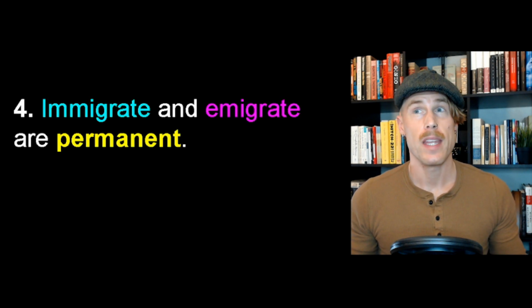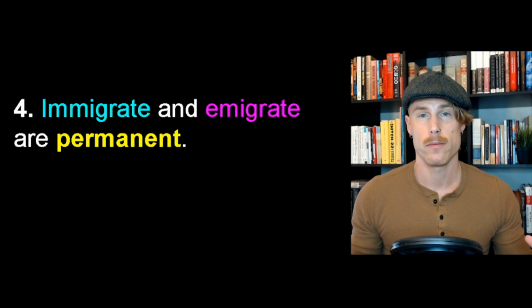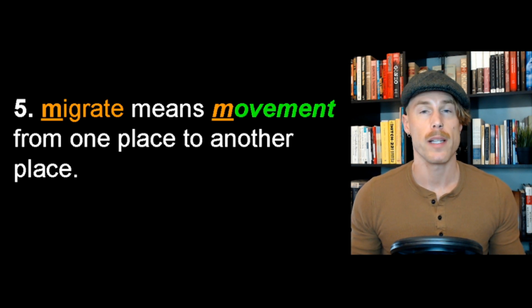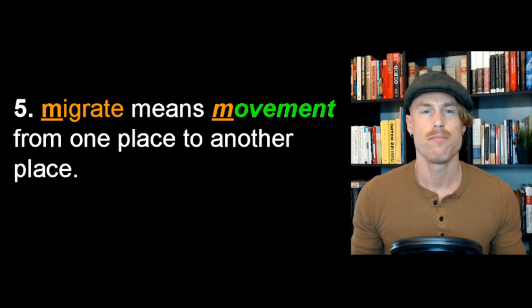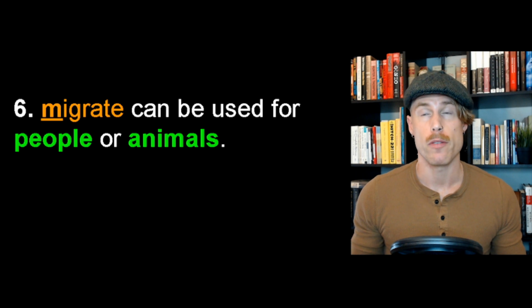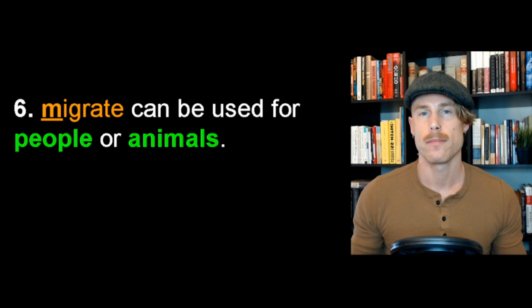Number four, immigrate and emigrate are permanent. And number five, migrate means movement from one place to another place, in general. And migrate can be used for people or animals. Okay.